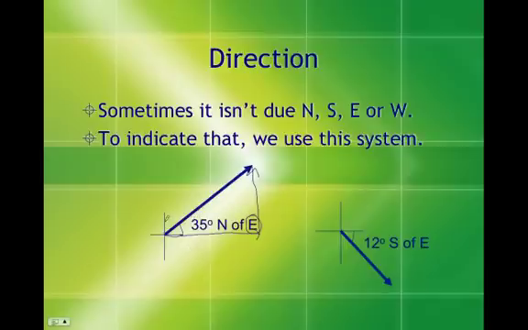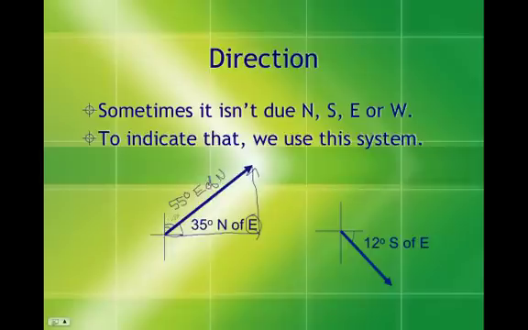Now you could also describe this angle on this side instead, and that would still be describing the same line. In that case, what's 90 minus 35? 55. So this would be 55 degrees. And then you just switch it around, and it's east of north.